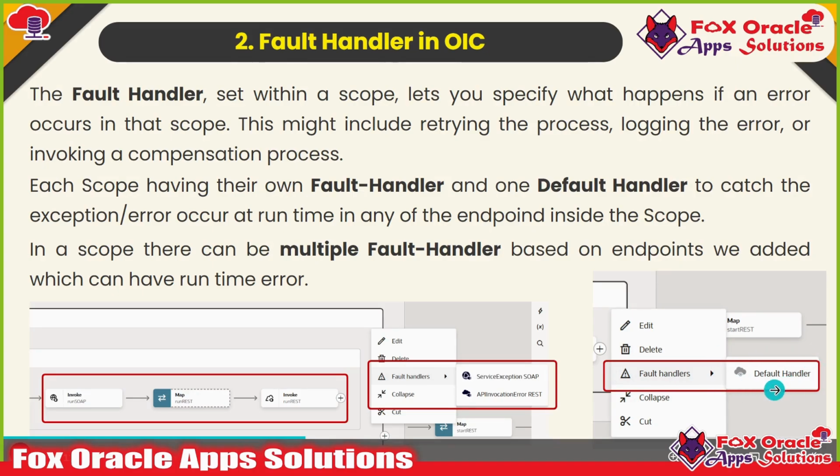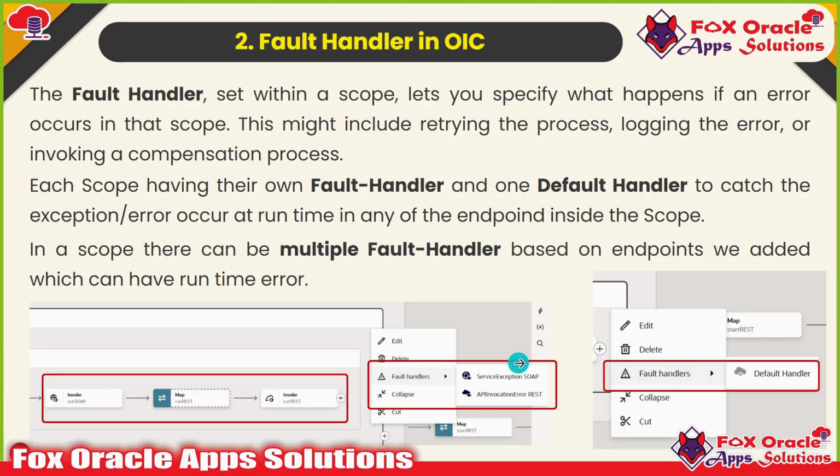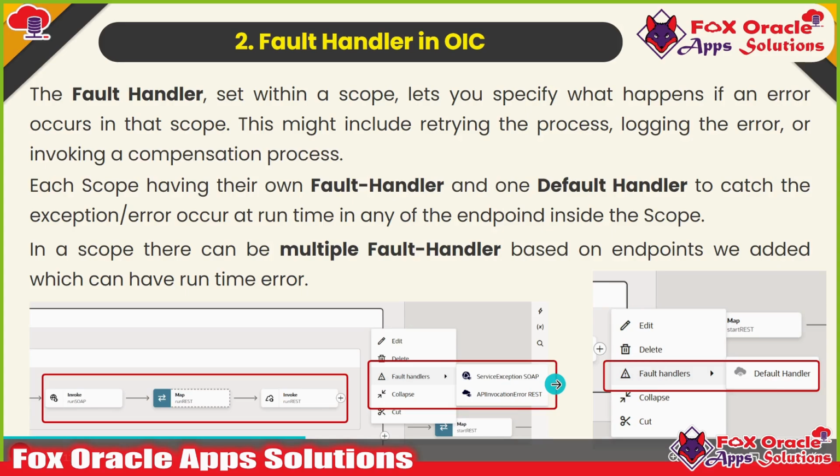So the default handler is something where any error we get in the scope will be handled. If instead of the default handler we select a specific fault handler, just like service exception for SOAP web services and API invocation error for REST web services, then this fault handler will only handle that specific error, the API invocation error or the service exception error.